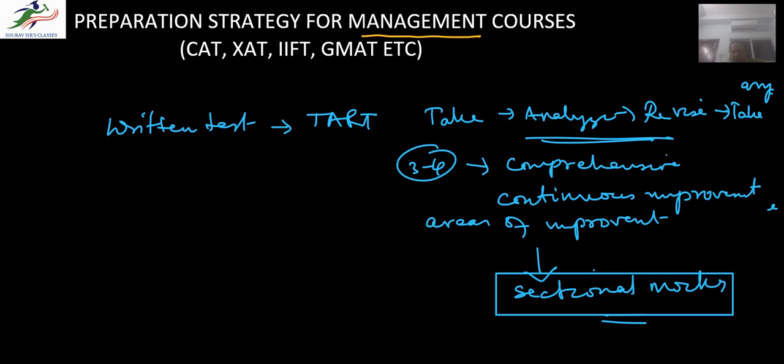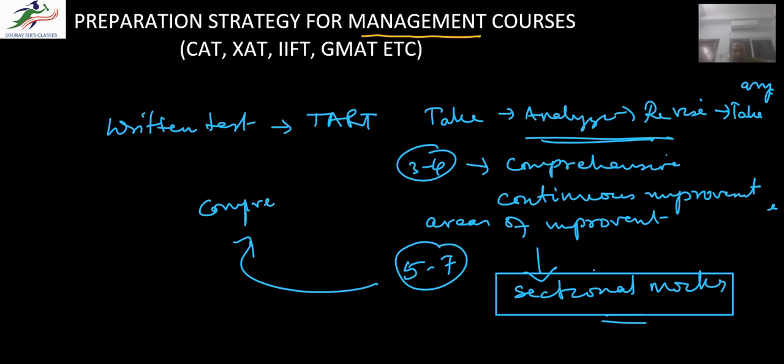Now do this for about 5 to 7 tests for each section, and then come back to the comprehensive tests again. So this should be a cyclic process.